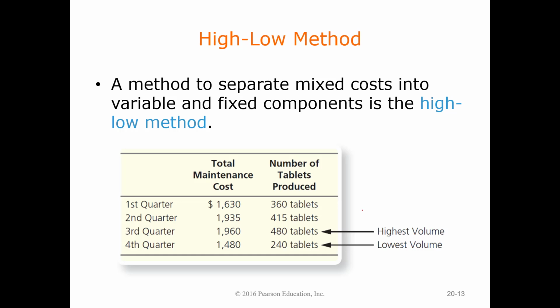One of the very interesting methods to be used in relation to the mixed cost, or specifically as a method to separate mixed cost. What do I mean by separate? If I have a total cost or total mixed cost, and I would like to know how much of it is variable and how much is fixed, the high-low method is one method that can be used to separate the mixed costs into variable and fixed.